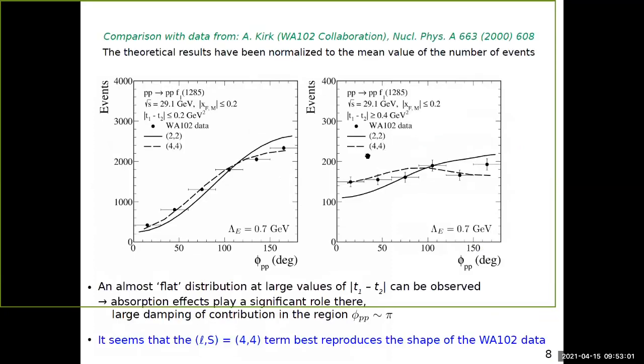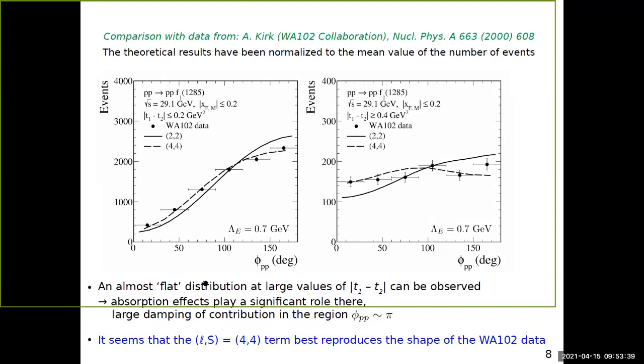So here is a comparison of our results for two different kinematic conditions of the absolute value of t1 minus t2, smaller than 0.2 in the left panel, and larger than or equal to 0.4 in the right panel. We see again that our model describes the data nicely. It seems, the dashed line, that the LS coupling with orbital angular momentum and total spin 4 best reproduces the shape of the angular dependencies.